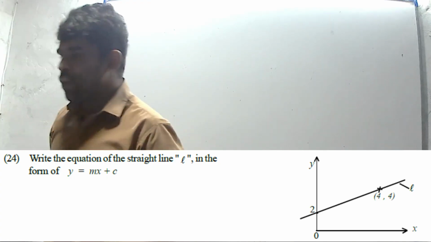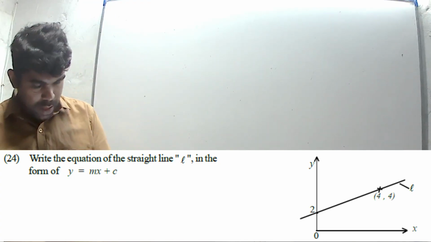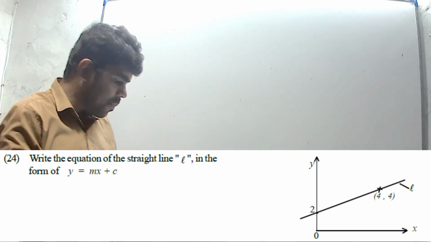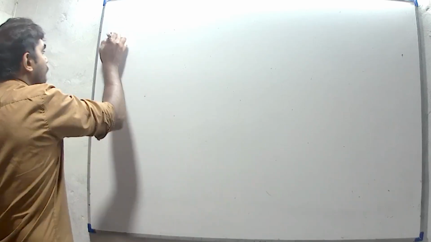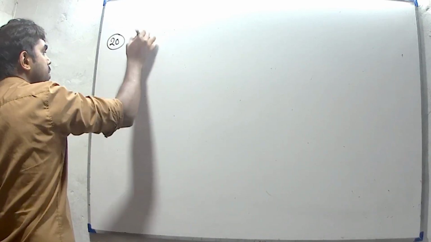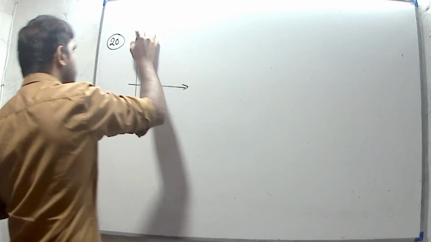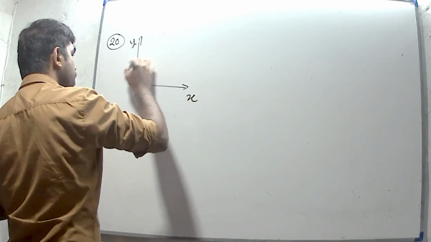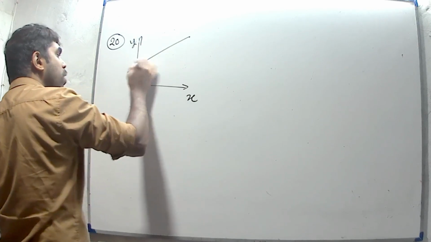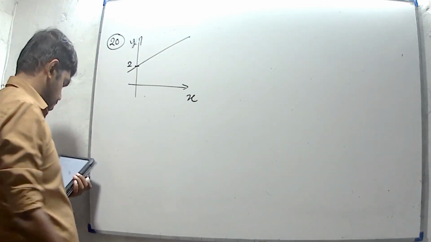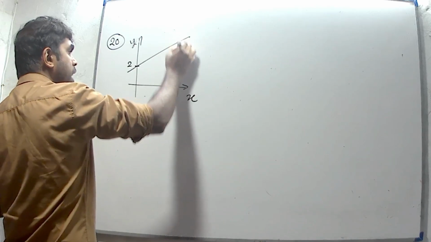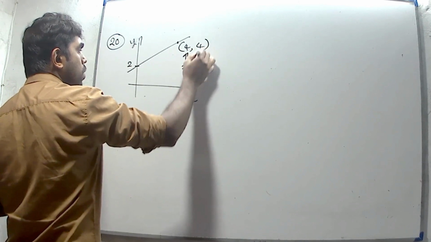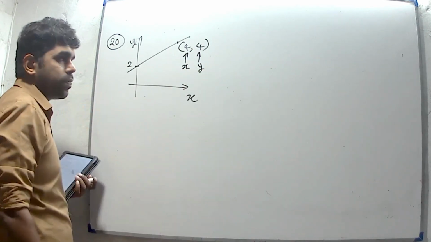Question number 24. Write the equation of the straight line L in the form y equals mx plus c. We have to find the gradient and intercept. There is a graph like this. The y coordinate of this point is 2. The coordinate of this point is 4, 4. It means x value 4, y value also 4.